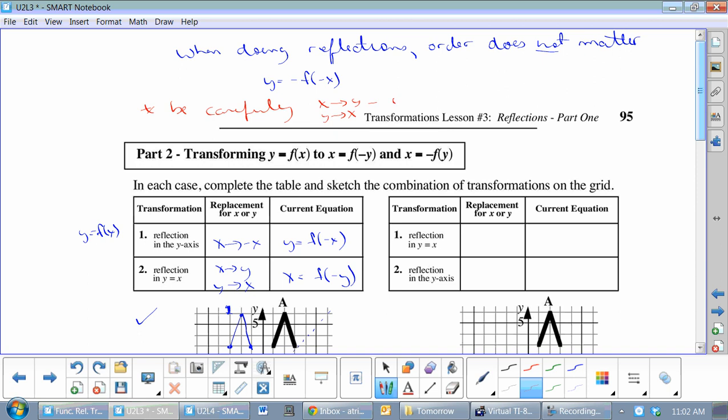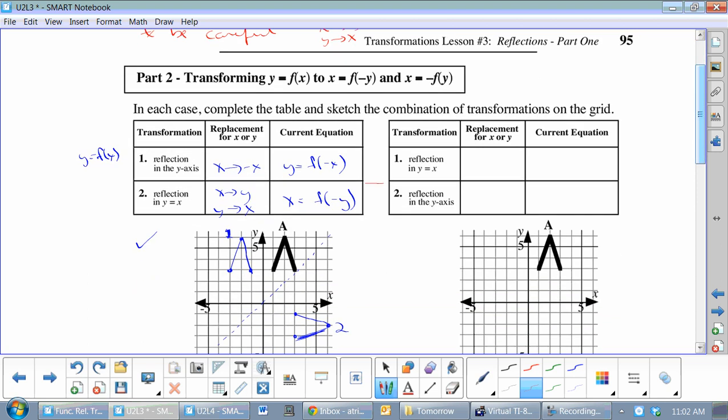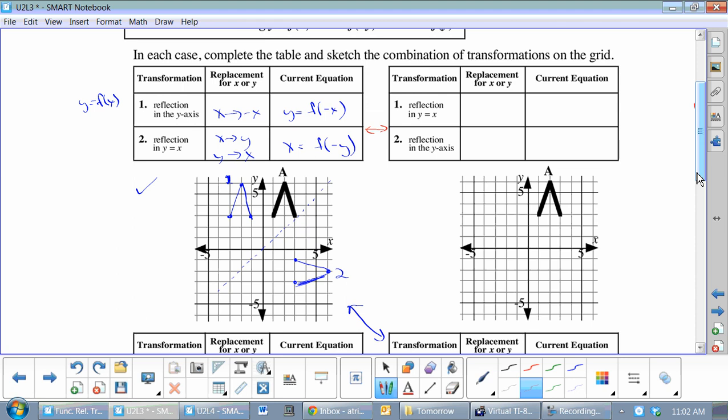Some order does matter, okay? So be careful. So in other words, if we would have done these two, where you got a reflection in the y equals x and a reflection in the y-axis, you get this first.